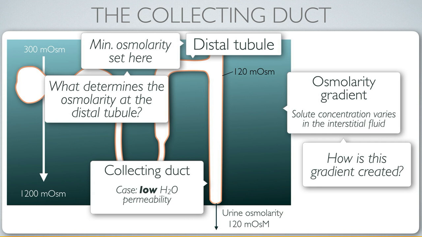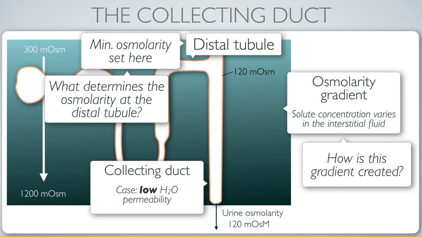So now we're going to step backwards and consider this intermediate zone. We've already talked about the Bowman's capsule, what happens there. Now we see at the collecting duct a tuning of the osmolarity of the filtrate. These two questions are resolved by the functioning of the loop of Henle.